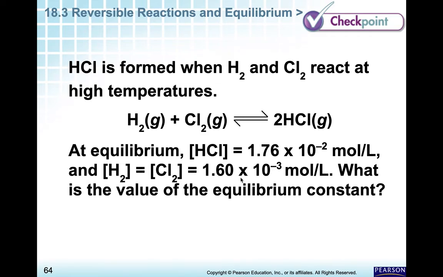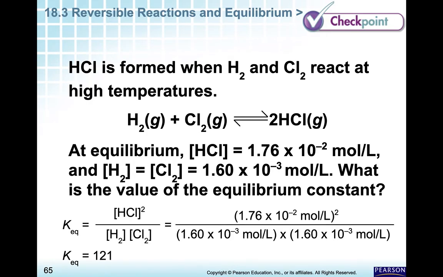No problem. We can write an expression for the equilibrium constant based on our reaction. Products over reactants. Our product has a coefficient of 2, so we'll have the concentration of hydrogen chloride squared over the concentration of each reactant, and we know their equilibrium concentrations already. So we're just plugging those numbers in to solve.